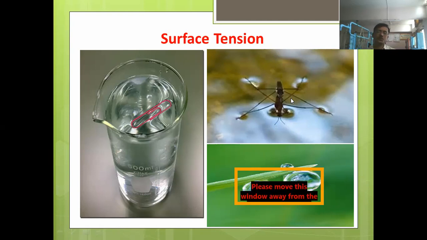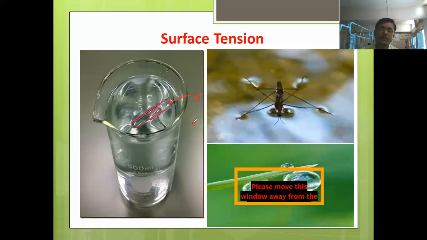In the first photo, there is one glass beaker, and one small pin has been put on the surface of water, and it is floating on the surface of water. Even though you might know that these pins are generally made of metals, and metals have more weight density than water, or you can say they have more specific gravity, greater than 1.